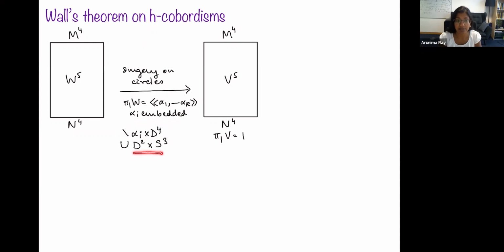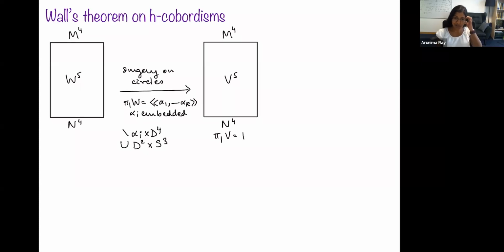This thing has boundary S1 cross S3, but so does this guy. So I'm able to remove one and glue in the other. The S1 is now the boundary of a D2, so that generator of the fundamental group gets killed because it now bounds this disk. By doing this process for each of these curves alpha i, I'm going to get a simply connected cobordism between M and N. So I'm one step closer to this being an H cobordism.